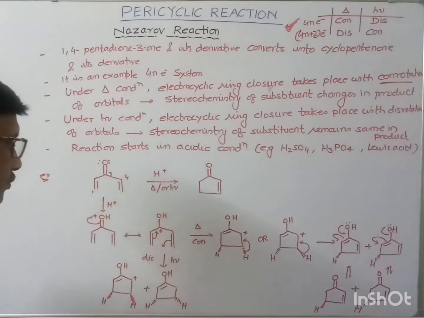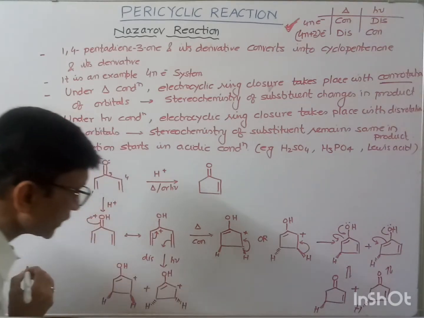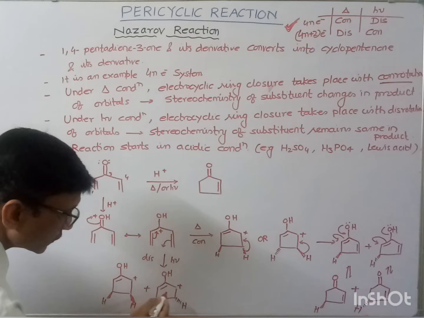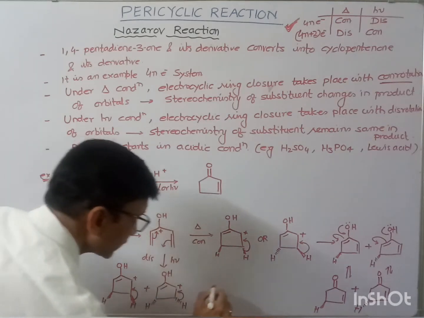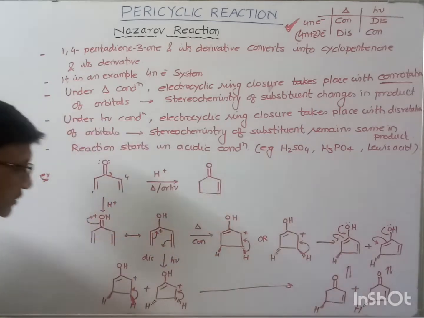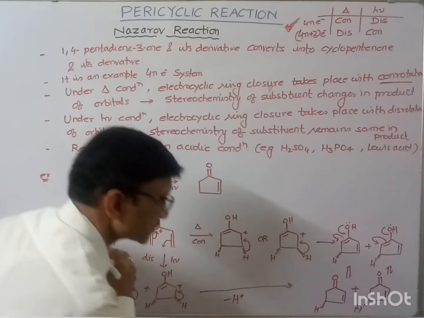Okay, so this may be written, and finally the positive charge will get neutralized. After the removal of this positive charge, this will get removed and we will get the same product here. The same product we get after the removal of this H plus.